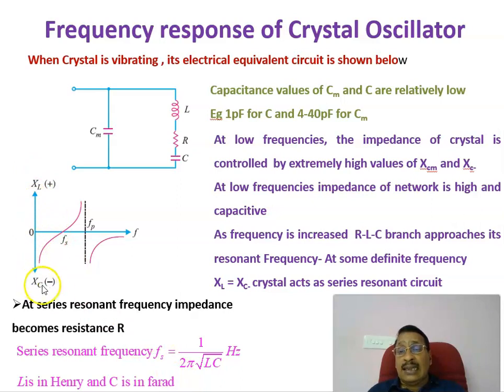This is the diagram showing the frequency range as well as the reactance. Here it is capacitive, here inductive, and at this point it is purely resistive. That is where the resonant frequency happens.